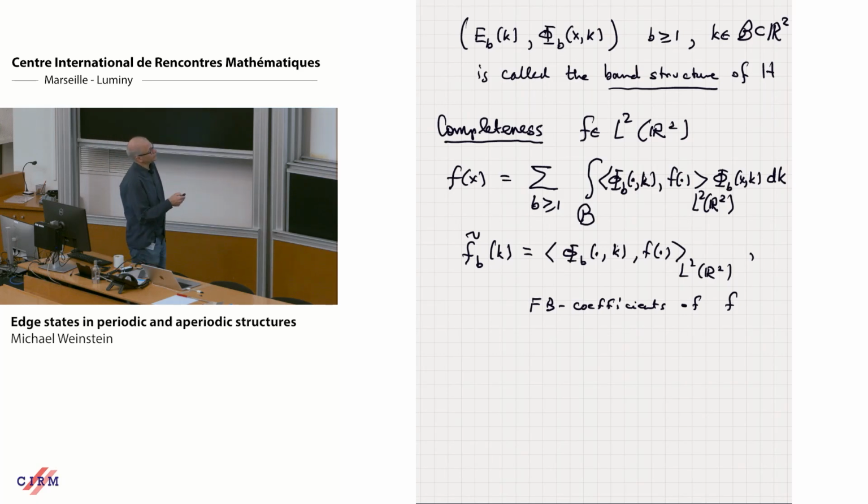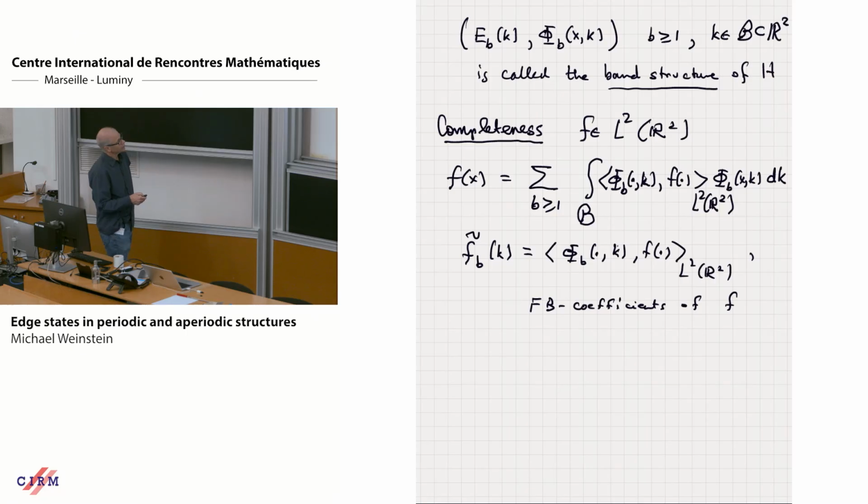And there's a completeness theorem that says if you take any function in L2, then you could write it as a superposition. You project every f onto each Floquet-Bloch mode. You integrate with respect to k, and you sum over all the bands.